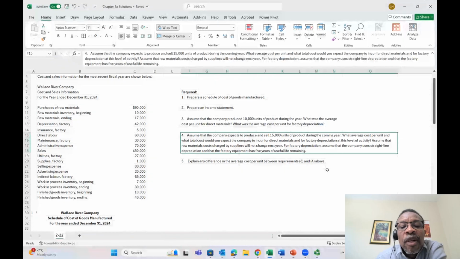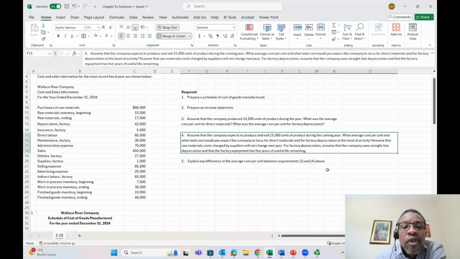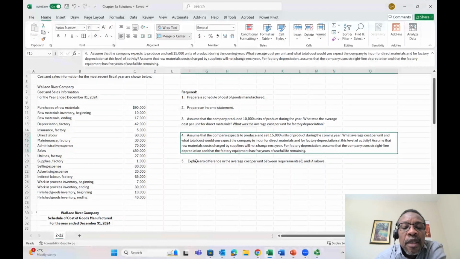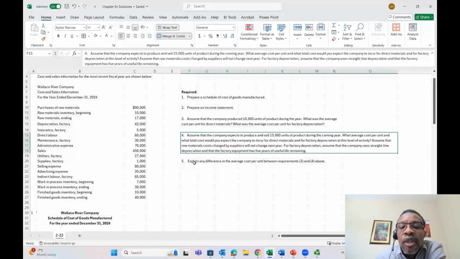Assume that the raw materials prices charged by suppliers will not change next year. For factory depreciation, assume that the company uses straight line depreciation and that the factory unit equipment has 5 years of useful life remaining. And a fifth one, explain any difference in average cost per unit between 3 and 4.